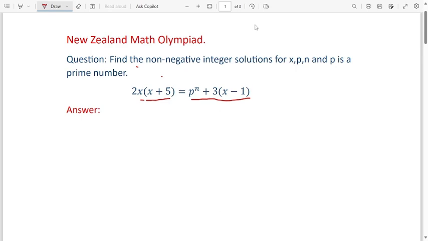But in our case, we have three variables, x, p, n, but only one equation. So to solve this type of equation, we have to use very different kinds of techniques, and today I will show you. So let's start the session.